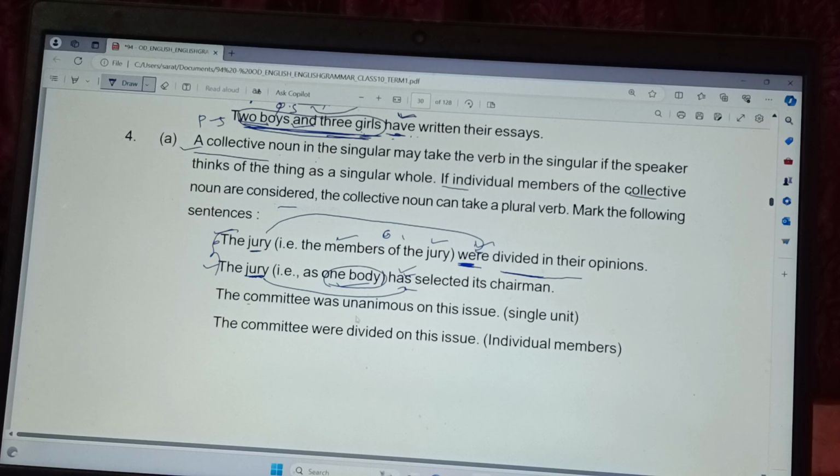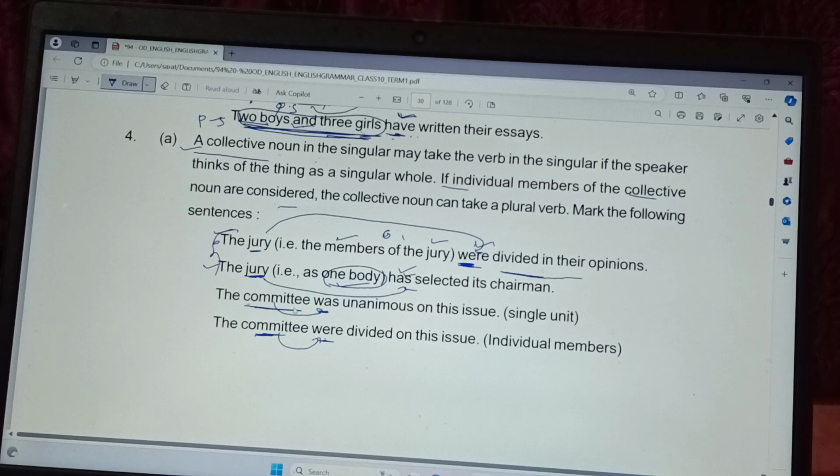Let's see another example in this rule. The committee was unanimous on this issue. The committee is a collective noun, so it takes the singular verb was. Here is another example: the committee were divided on this issue. That means the committee can take a plural verb or a singular verb.